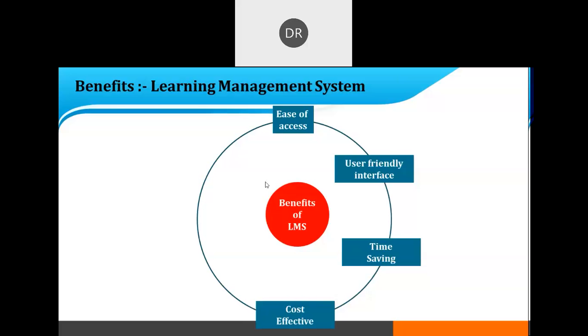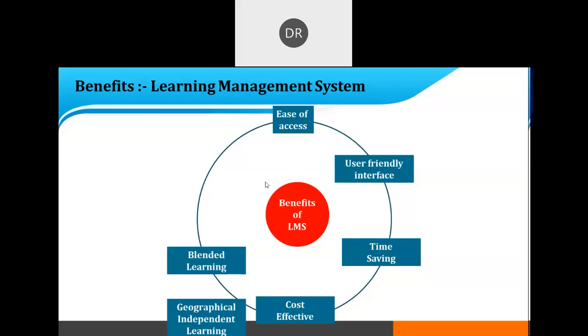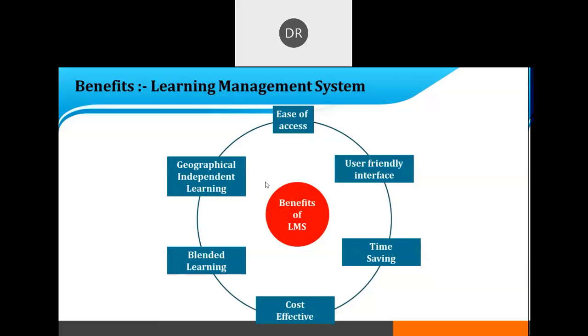Then it's time saving and cost effective also. It's blended learning. Blended means some course delivery may be online, some may be offline. So it can be used very well in a blended mode, and there is independent learning. So these are the different benefits of LMS, any learning management system.